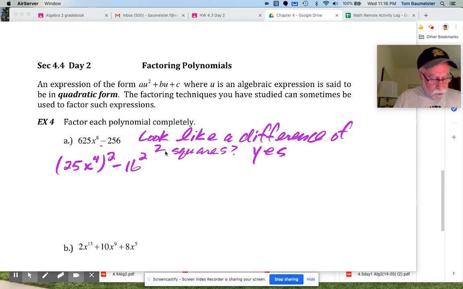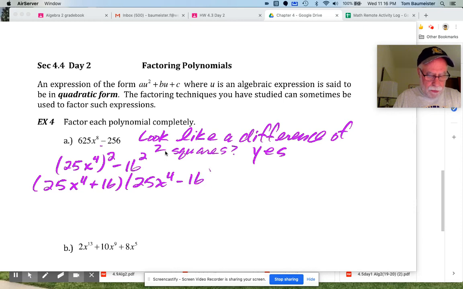So if it is a difference of two squares, then I can write this as 25x to the fourth plus 16 and 25x to the fourth minus 16. Now this last one right here is also a difference of two squares.